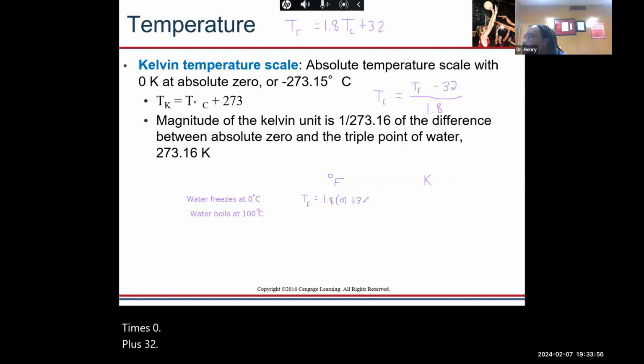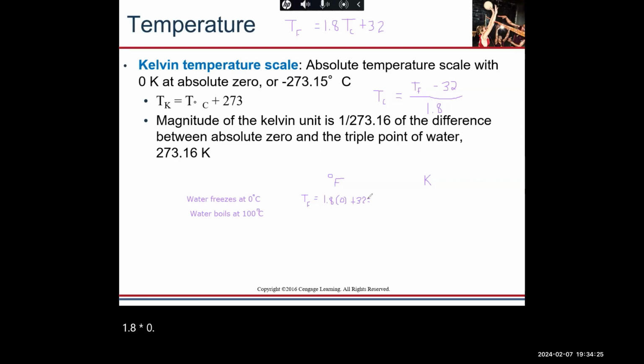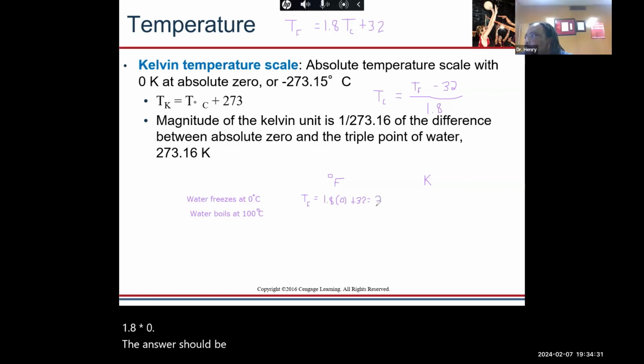Okay, so what is 1.8 times 0? Is it 32? The answer should be 32. Yes, at the end. So 1.8 times 0 plus 32 is just going to be 32. That is correct.